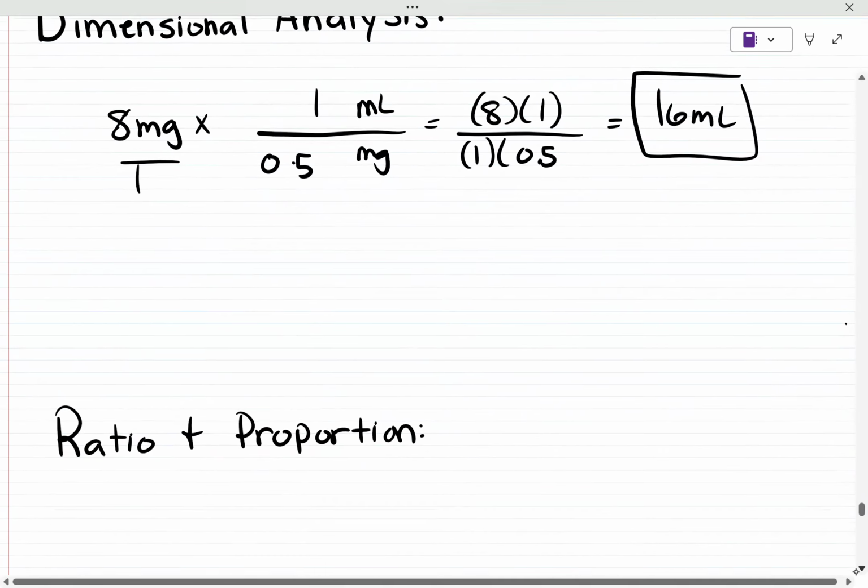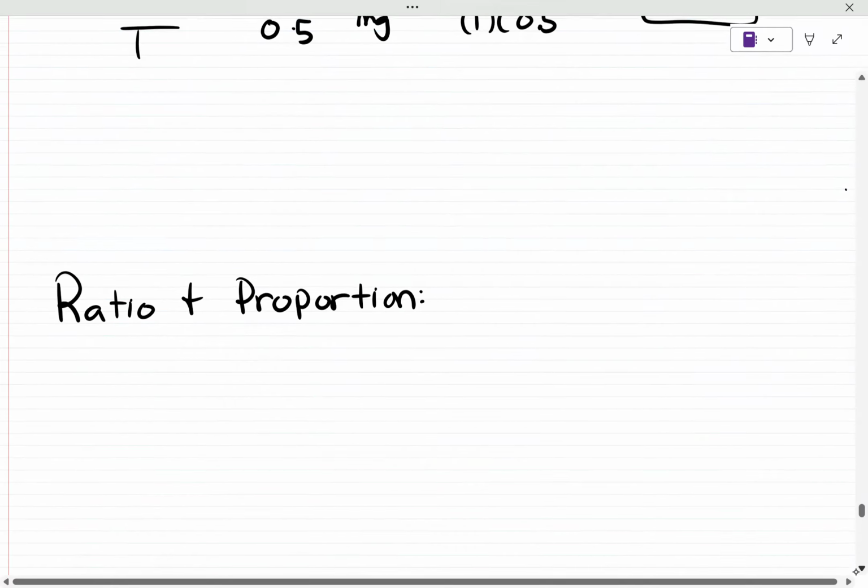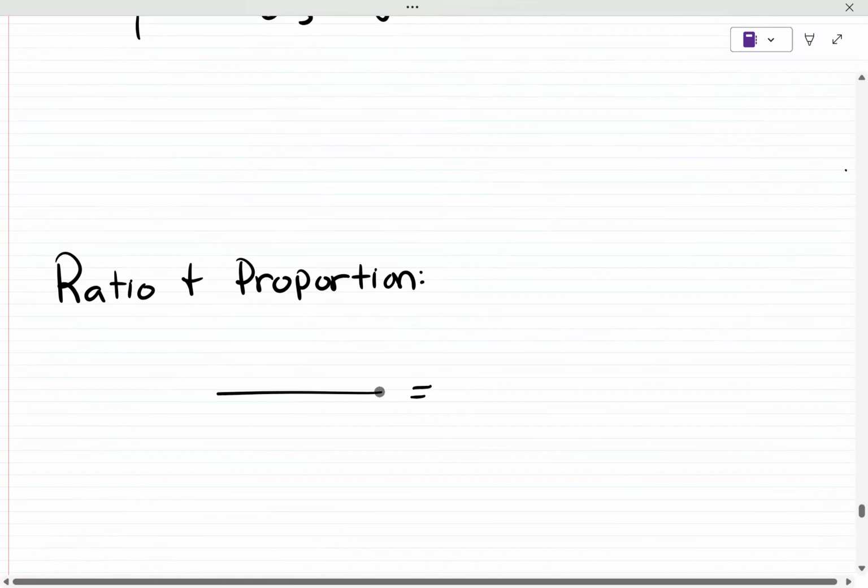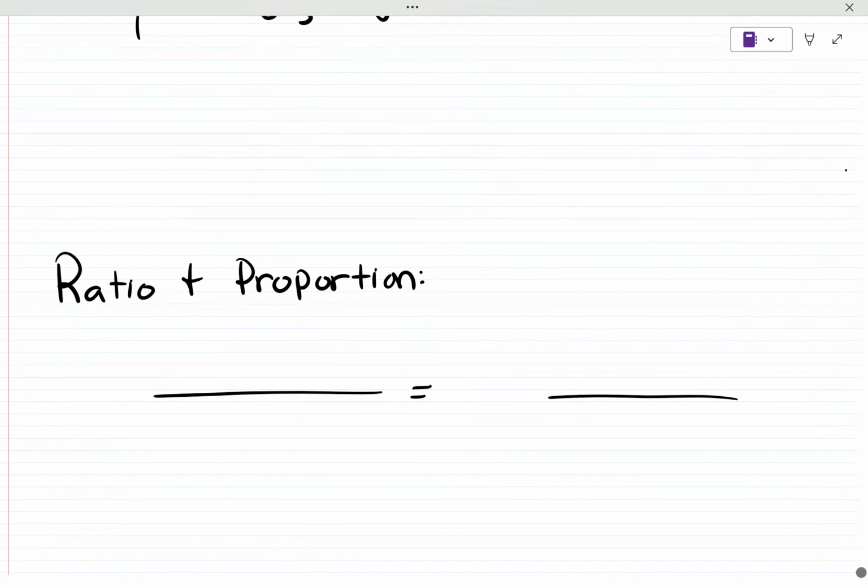Okay, ratio and proportion. mg here, milliliters on top.